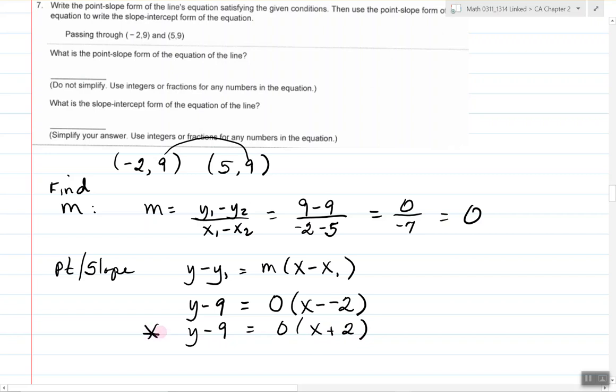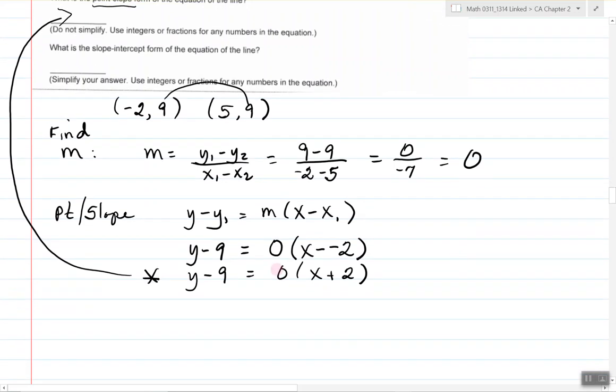And I'm sorry that you had to go through that step when it's not all that necessary, but that is the answer for right here because it says point slope. Now, slope-intercept, 0 times anything is 0. So I have y minus 9 is equal to 0, add 9, and y is 9. That is slope-intercept.